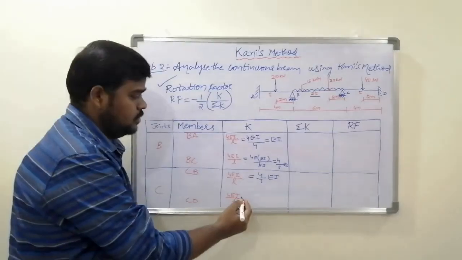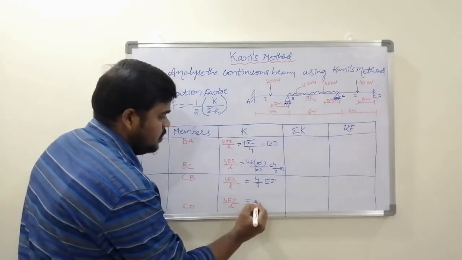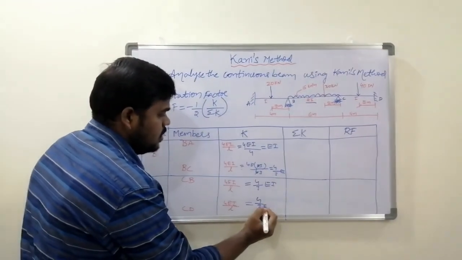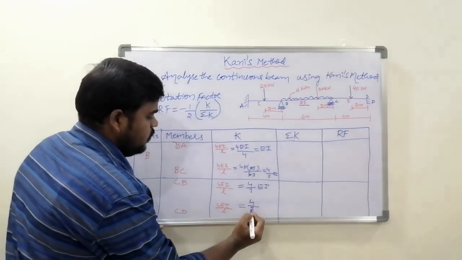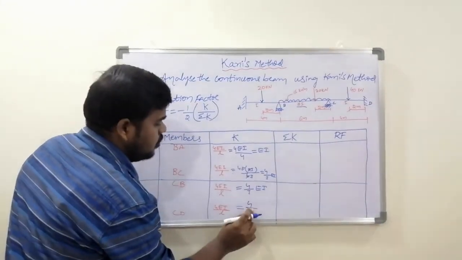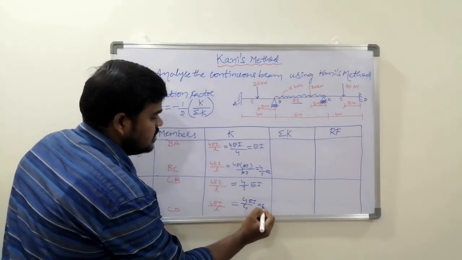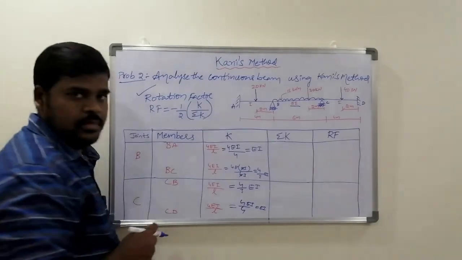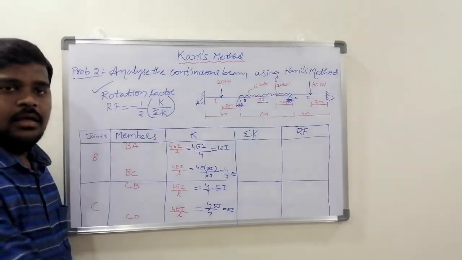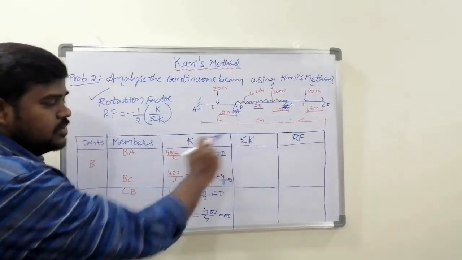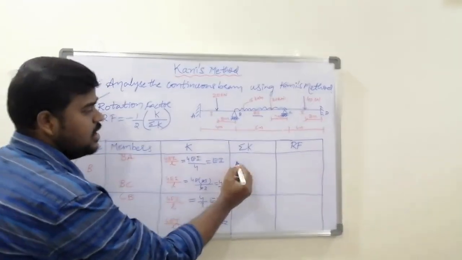I have solved here. Yes, and for CD we have 4 by L, where L is 4 meters, and EI. So the final answer will be EI. So next we have to do summation of K. That means the summation of K is nothing but addition of EI and 4 by 3 EI.